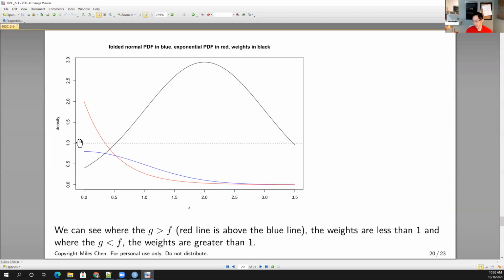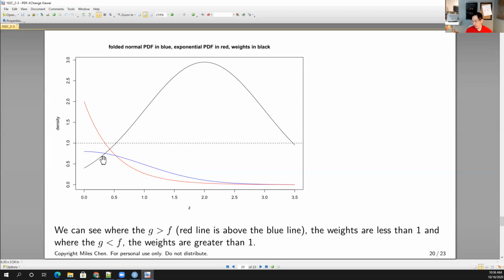I drew a horizontal line at 1, and so you can see that when the exponential distribution produces values from the red line, it produces way too many values between 0 and 0.5, and then not enough values that are greater than 0.5.